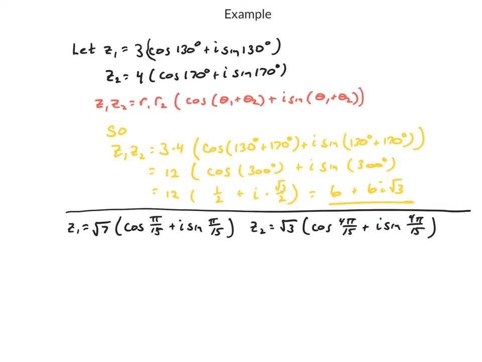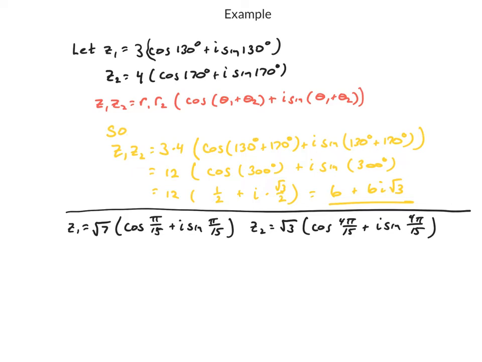For this problem, z1 times z2 is going to be 3 times 4 times the cosine of 130 degrees plus 170 degrees plus i sine of 130 degrees plus 170 degrees. 130 plus 170 happens to be 300, and 3 times 4 is 12, so we get 12 times the cosine of 300 degrees plus i sine of 300 degrees.